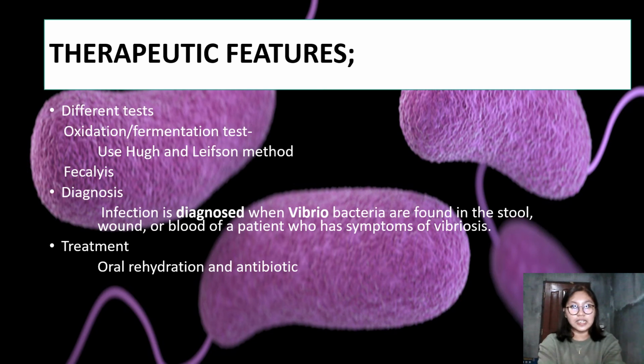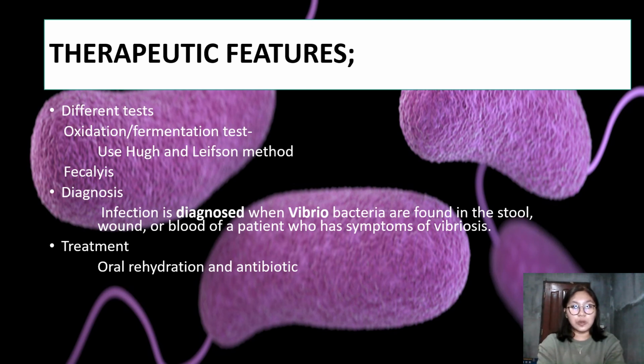So the next test is fecalysis. So what is tested in fecalysis? The patient who is experiencing symptoms of vibriosis will submit a stool sample to the laboratory. So who will run the test? The medical technologist. So the next is diagnosis.